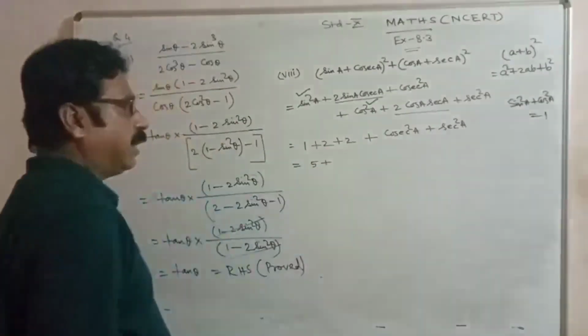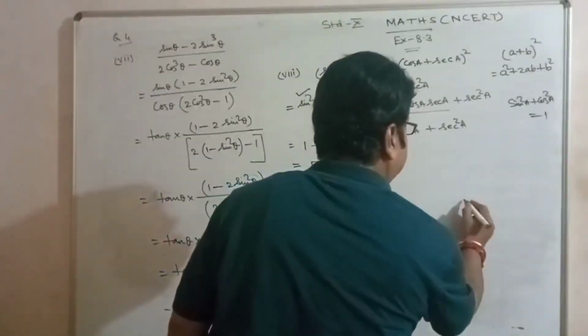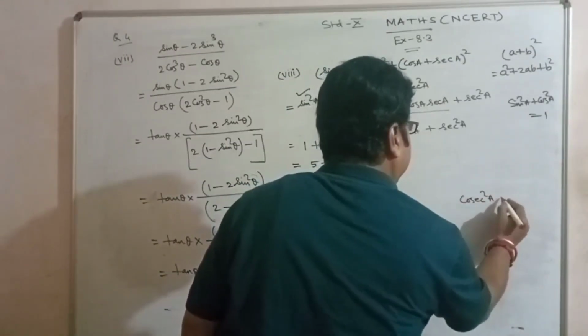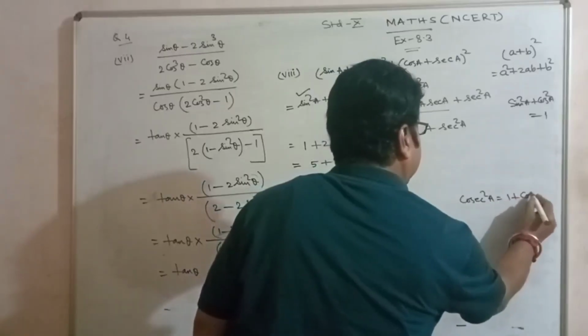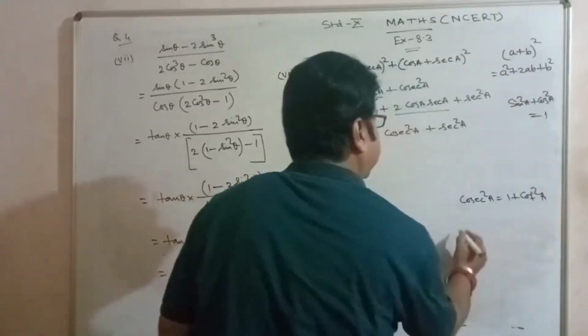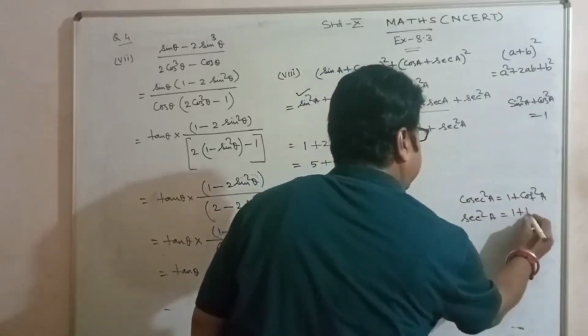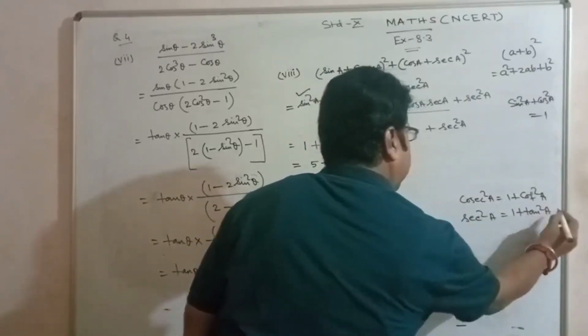Plus cosec square A means 1 plus cot square A, and sec square A means 1 plus tan square A.